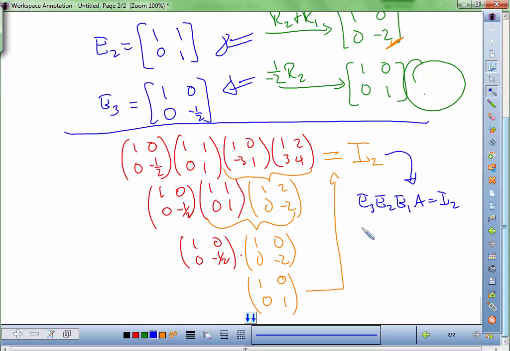And we know that the inverse of the identity matrix is the identity, right? And we know that the right-hand side is just the identity matrix again.